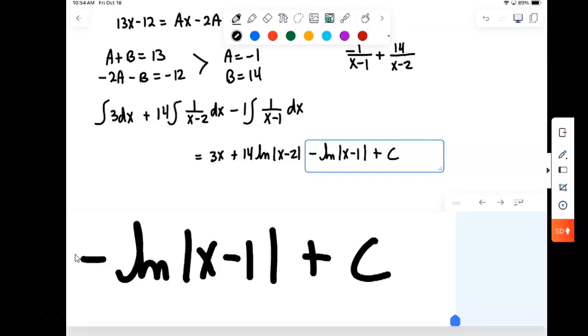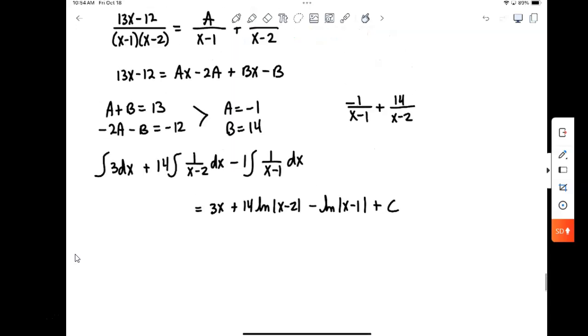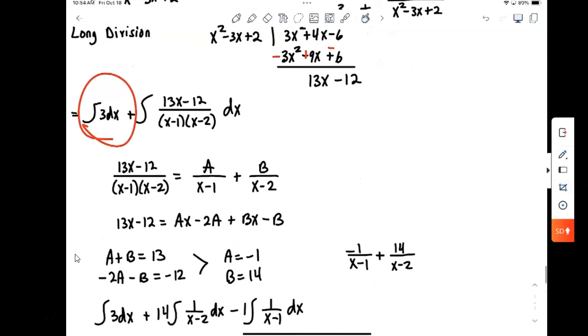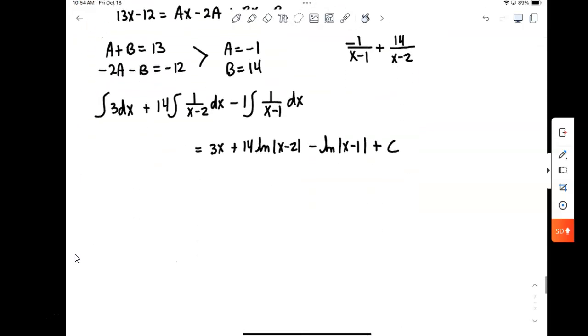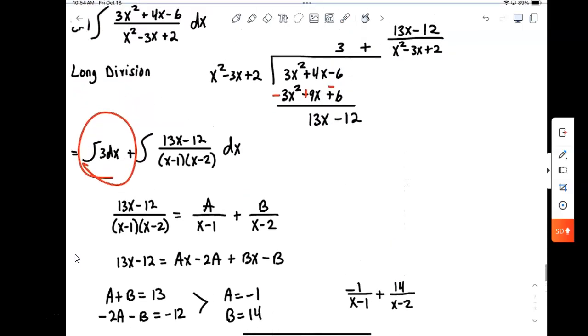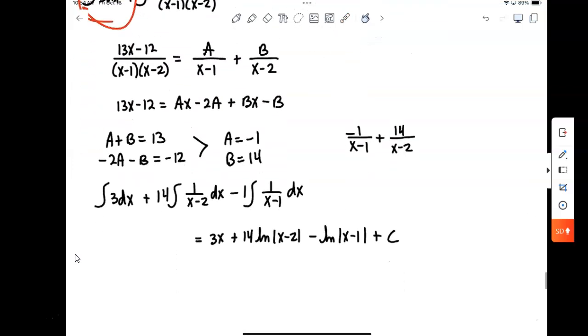So this one turned out to be nowhere near as bad, and that's one of the true strengths: when we can make the denominator break up into linear factors, as we're able to do here, then generally your partial fraction process is going to be a little easier, as are the integrals that you have to work out.